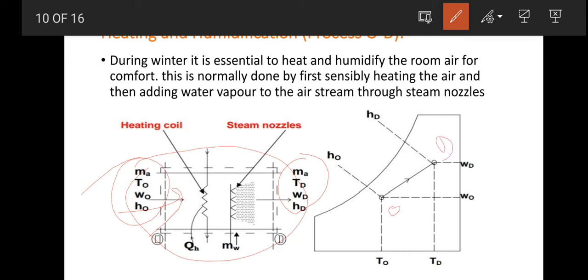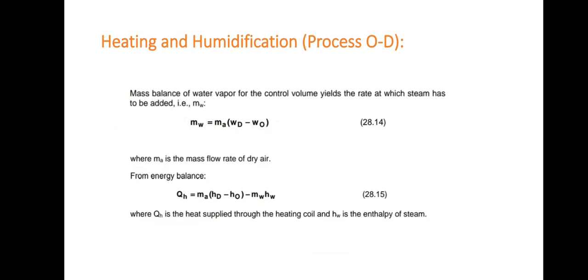In this process, you see the combination of sensible heating and latent heating. The temperature of the moist air will be increased and the specific humidity is also increased. Here we apply the mass balance of the water vapor.